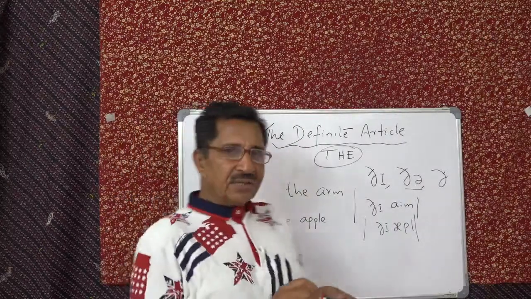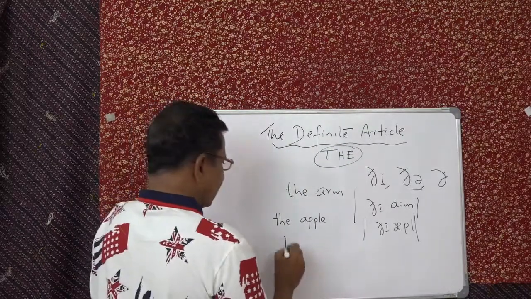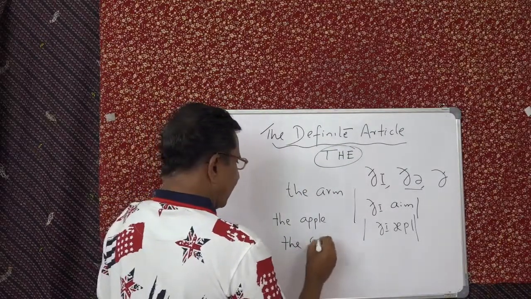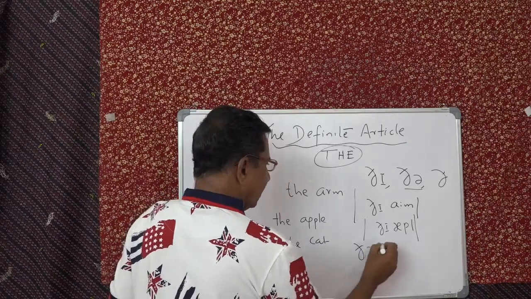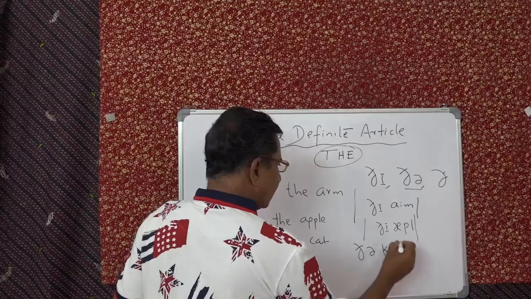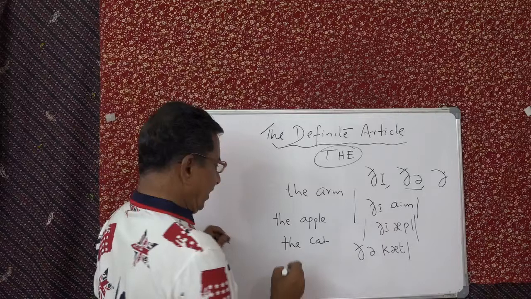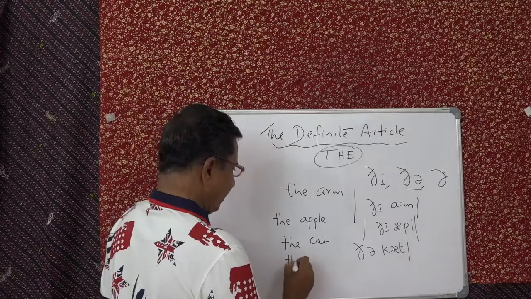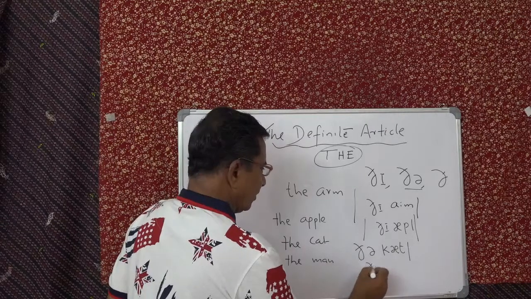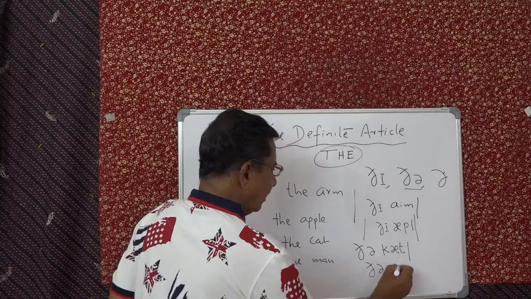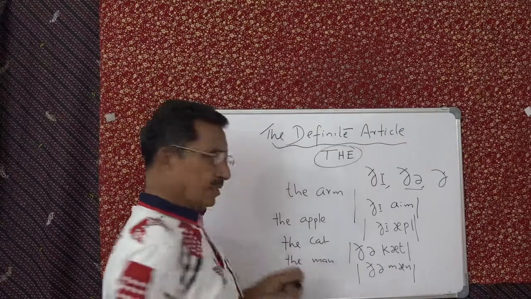If the word begins with a consonant sound. See this. The cat. The pronunciation will be the cat. See that? The cat. The man. So you say the man. Did you get it? That's it.